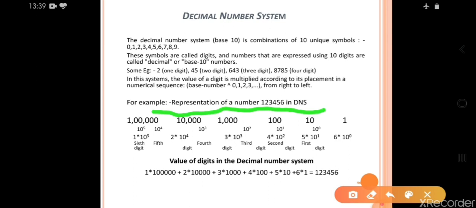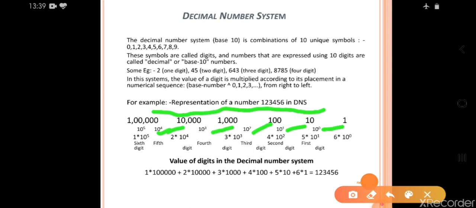Here some mismatch has been done in the slide, so please keep in your mind that this one is for this one.